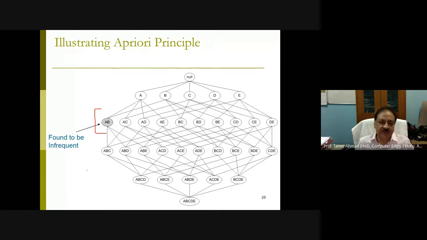Now, if AB is infrequent, all supersets of AB will also be infrequent, because the Apriori property will hold. And therefore I can remove this, this, this, and this.